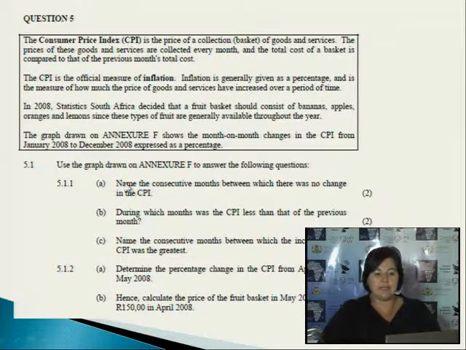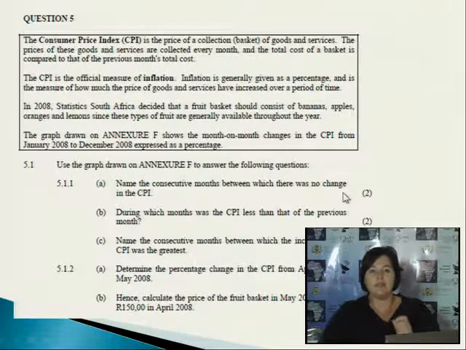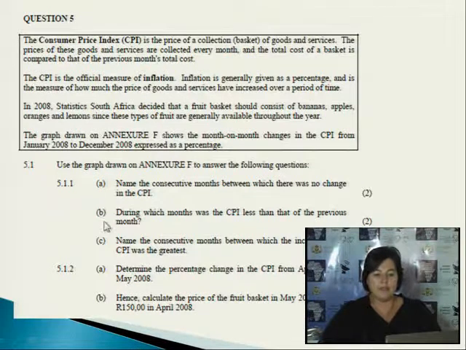The first one says, name the consecutive months between which there was no change. Okay, so that's the keyword. I want you to write down no change. So we're going to look at the graph where there's no change. Then B said, in which months was the CPI less?